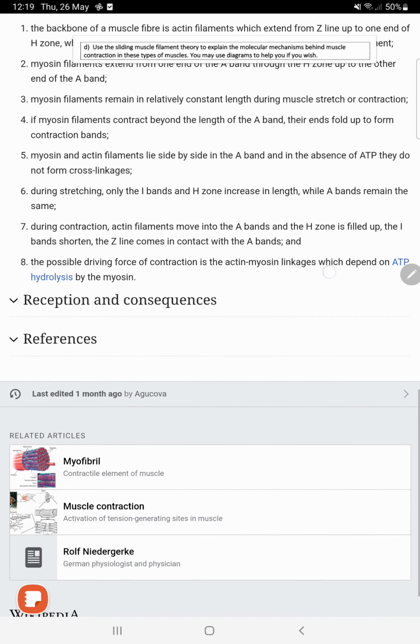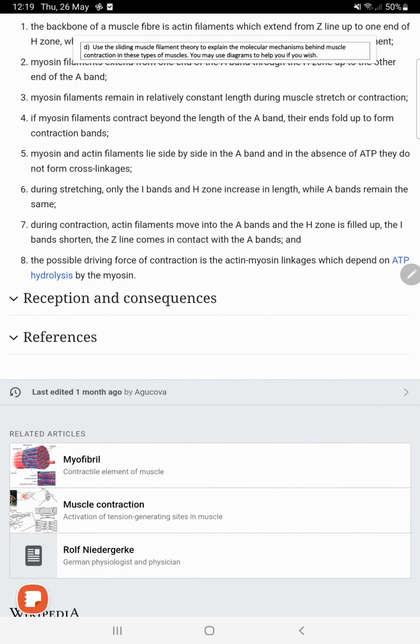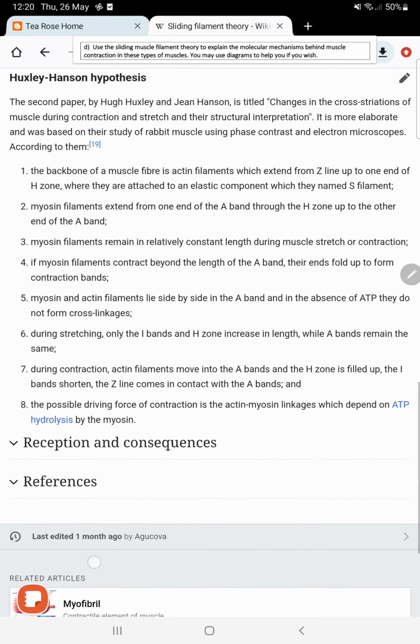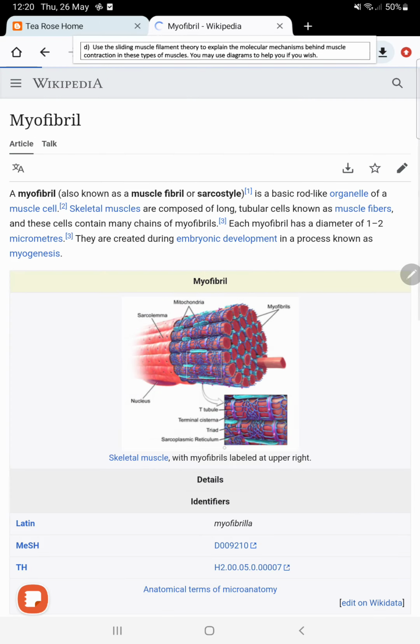So reading through this, I would look up whether myosin and actin are molecules, but there's also this actin-myosin linkages which depend on ATP hydrolysis. And then at the bottom, they mention a few things. Oops, here.